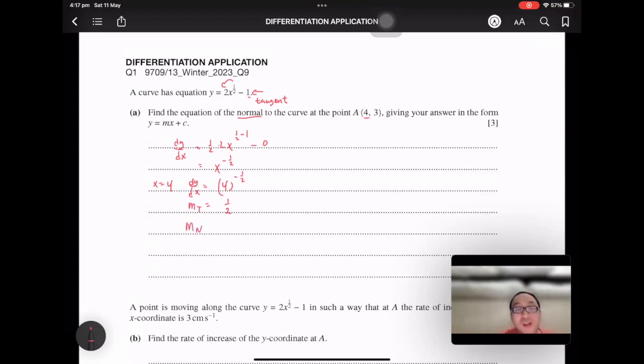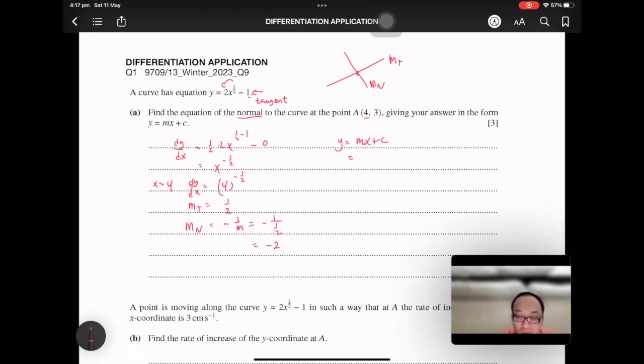Now the gradient of the normal is perpendicular to the tangent. So this is the tangent and this is the normal. The gradient of perpendicular lines is negative 1 over m, equals negative 1 over 1/2, so equals negative 2. So the equation of the normal is y equals mx plus c.